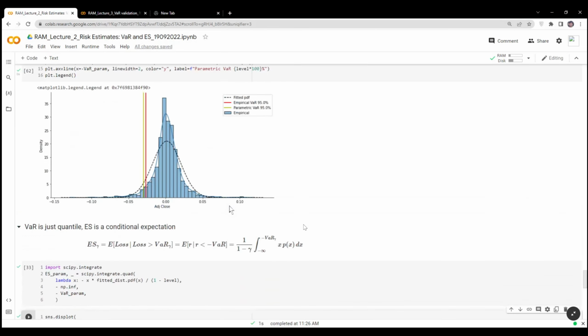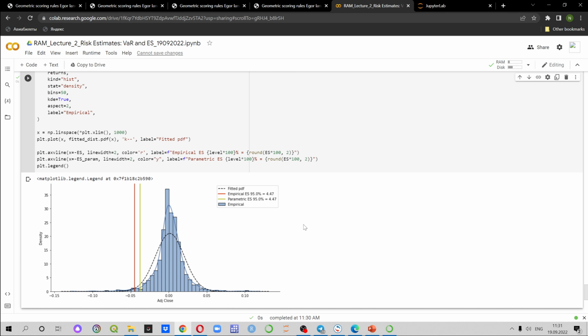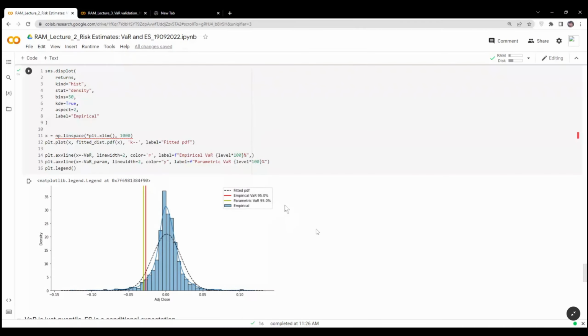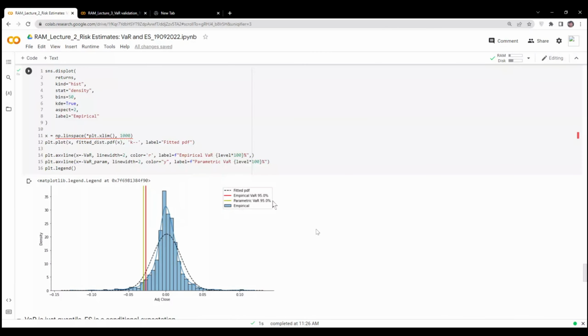Remember when we were talking about value at risk, its empirical and parametric estimates, we actually found out that the parametric value of 95% value at risk is greater than the empirical estimate.